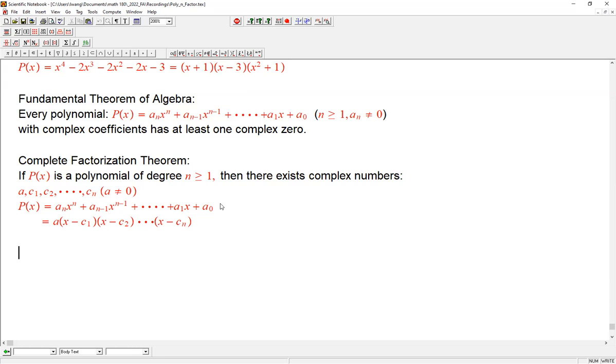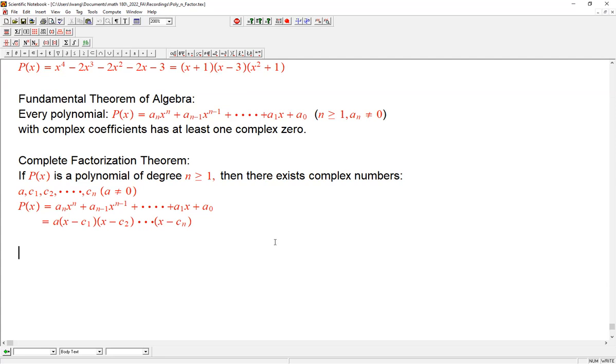However, sometimes we may have multiple factors. That's okay. The factors with multiplicity will also be counted, so it is still consistent with complete factorization.